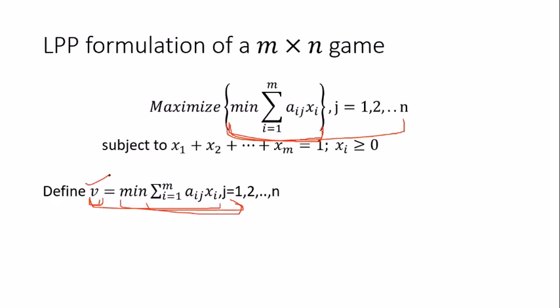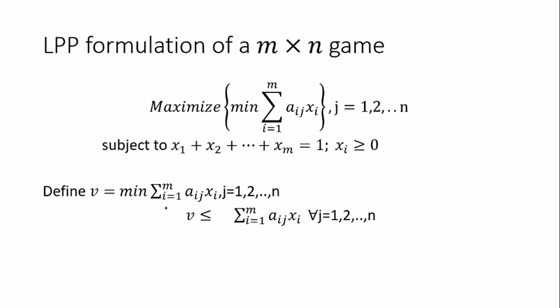Just like this, it is a lower envelope. This v is denoting the combination of linear lines, the lowermost envelope. Since v is the minimum, mathematically that means v should be less than or equal to each one of them individually. So for all j, v should be less than or equal to these elements of the set.